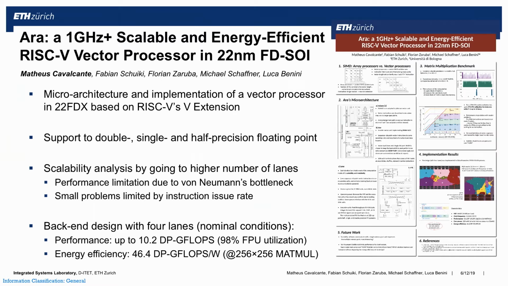My poster also has a scalability analysis of this vector unit when you go up in number of lanes, of number of functional units, and the performance limitations that come with that. I also present some implementation results of the instance with 4 lanes, where we present a performance of up to 10 gigaflops, and an efficiency of 46 gigaflops per watt in nominal conditions. Thank you.